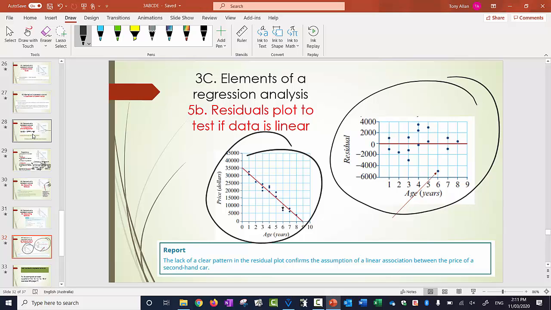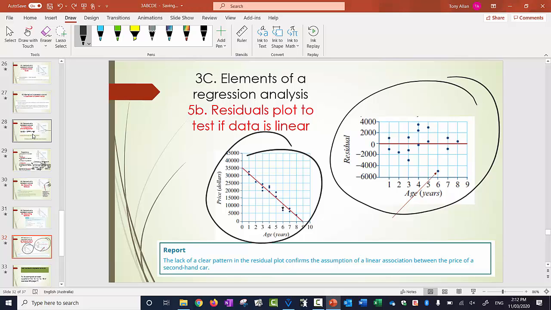If there was some sort of a pattern, like a quadratic curve, which there isn't, that would imply there is actually a hidden quadratic in there. And so it would not be linear. I'll take that off again. You get that point?